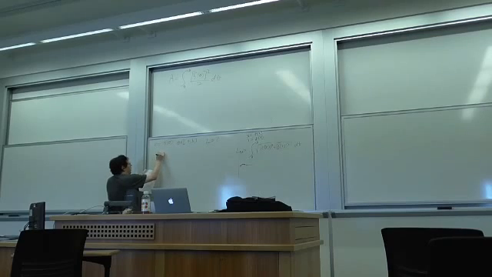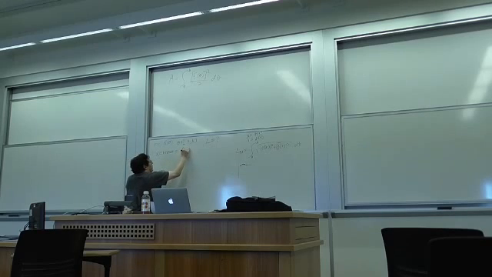Well, we know that x is r cosine theta, which means f of theta cosine theta. And y is r sine theta, which is f of theta sine theta.